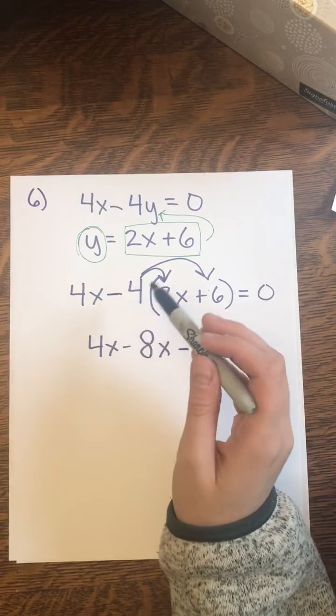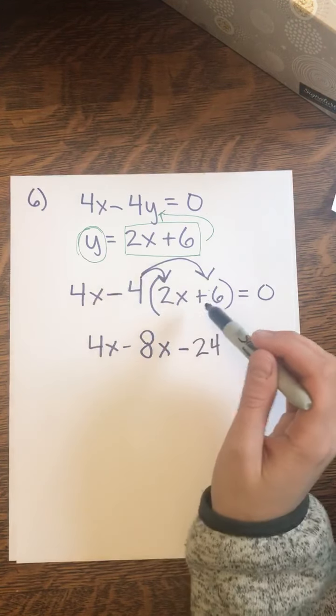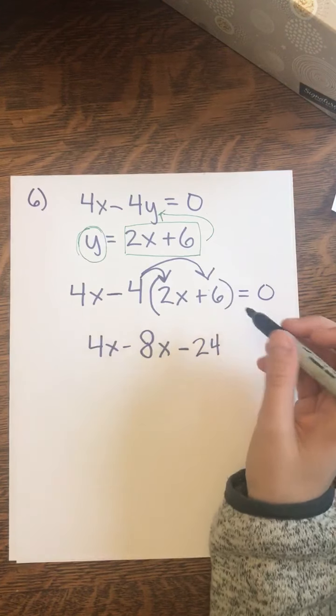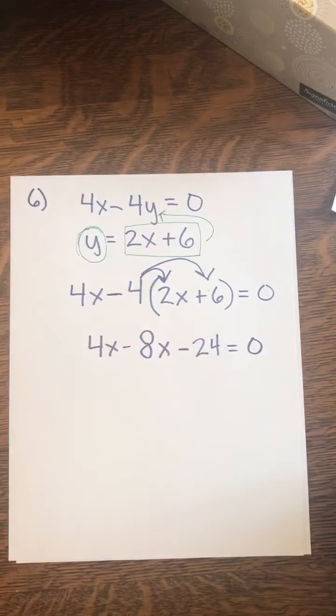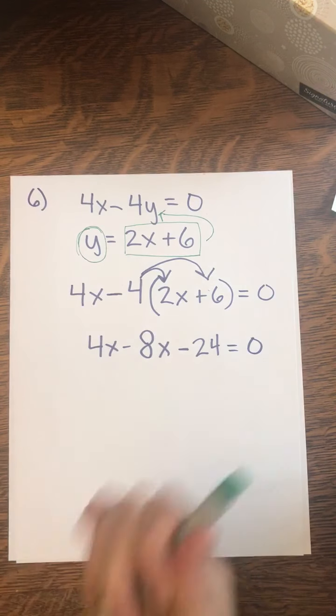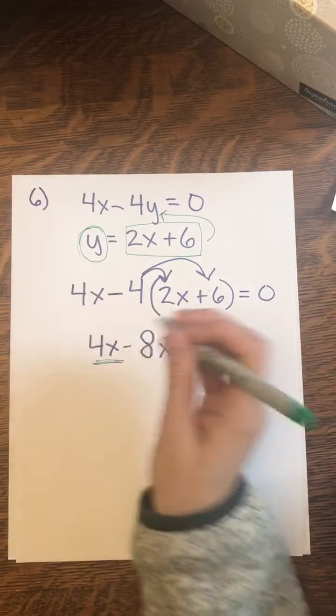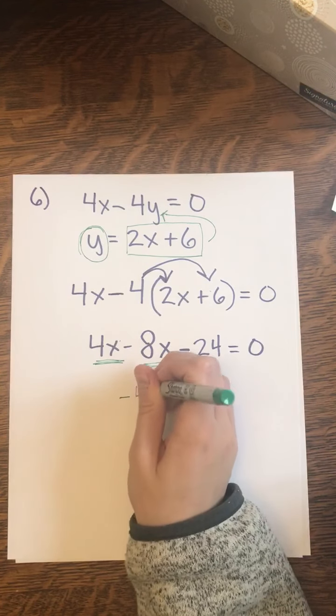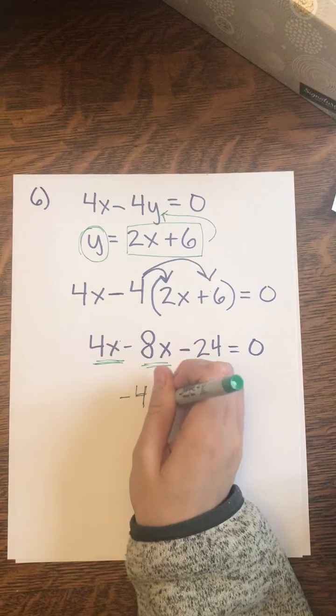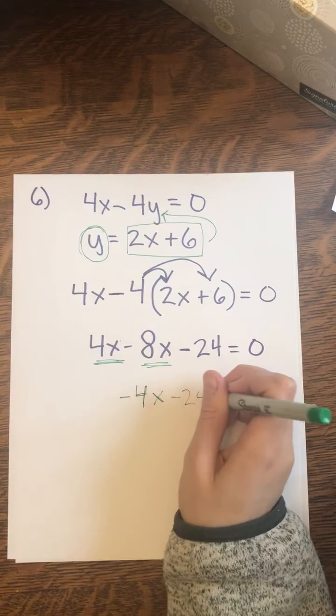So I get 4x minus 8x minus 24 equals 0. And now I'm going to combine like terms. 4x minus 8x, they're both x terms, so I can add them together. They're like terms. Well, 4x minus 8x is negative 4x. Negative 4x minus 24 equals 0.